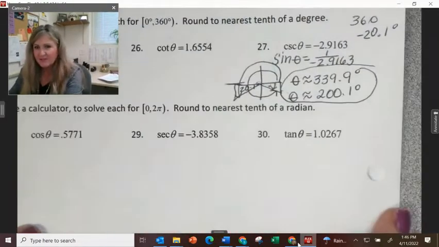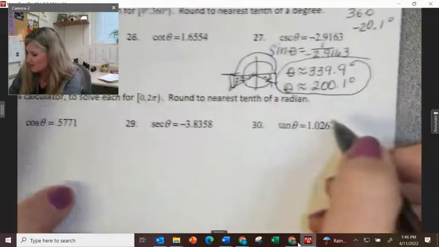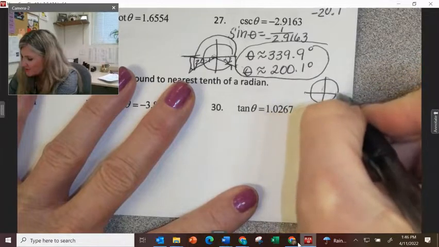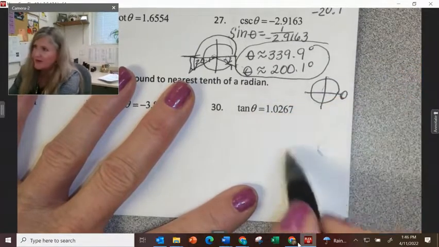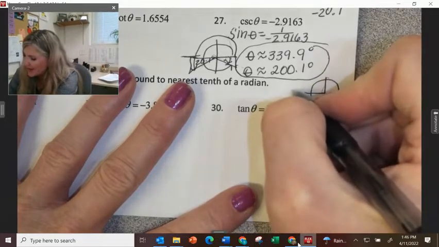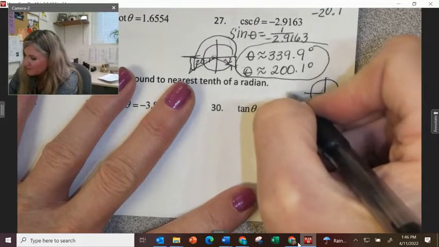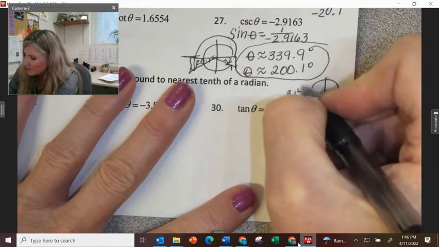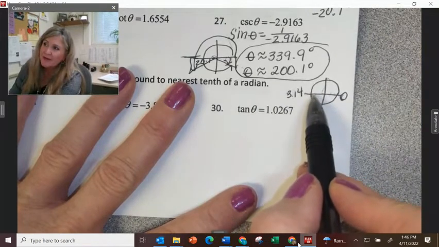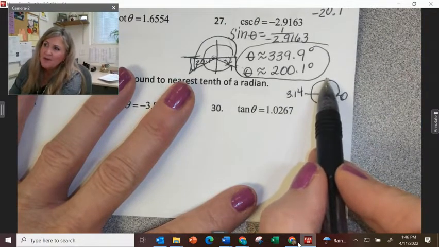Now, before we even start on this, though, I want to go off to the side here and talk about the radian measures. Right here is 0 radians. How many radians is right here? Pi. What's another name for pi in a decimal form? 3.14, right? So this is 3.14 radians. What about right here?